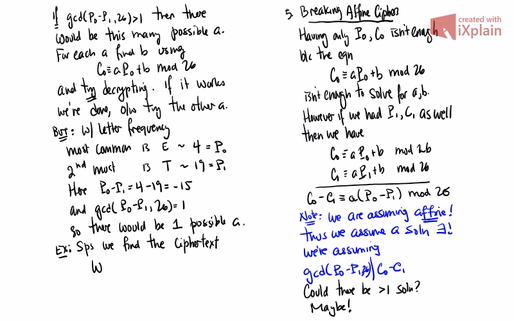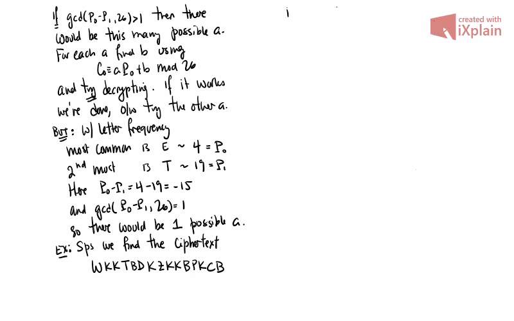The ciphertext will be WK, K, TBD, KZKK, BPK, CB. We take a look at that and do some frequency analysis, looking for the most common and the second most common character. This is what we see in the ciphertext.